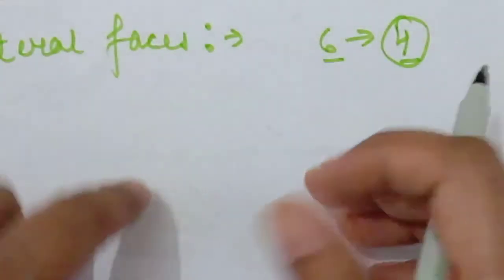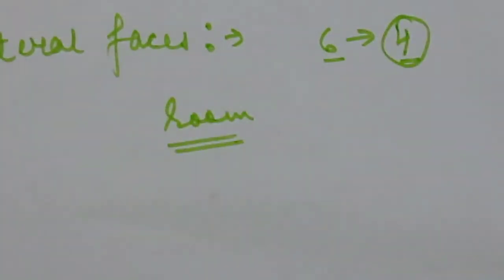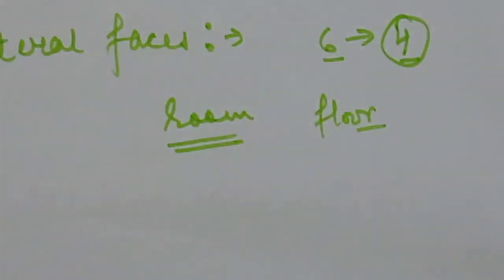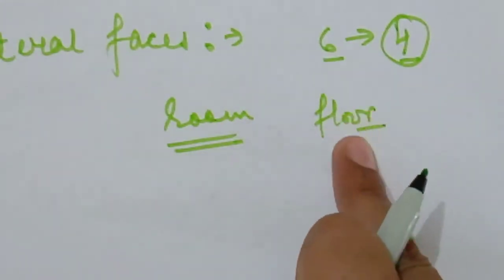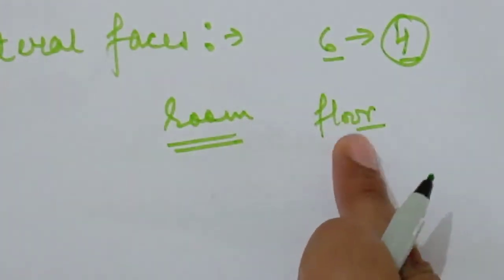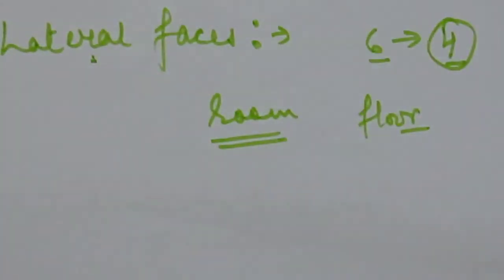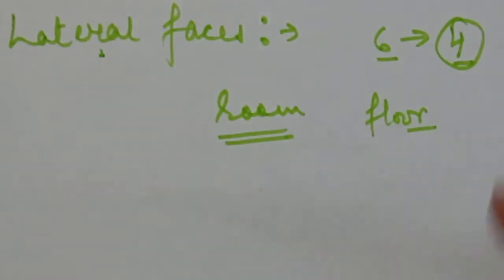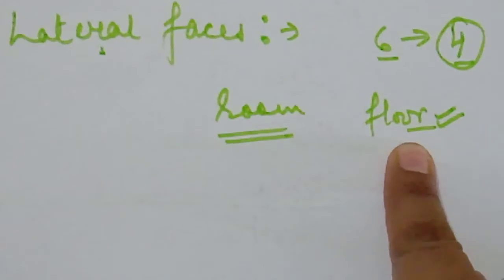If we take the example of our room, the floor is the base of our room. So out of 6, those faces which are touching the base are called lateral faces. In our room, the 4 walls are touching the floor.